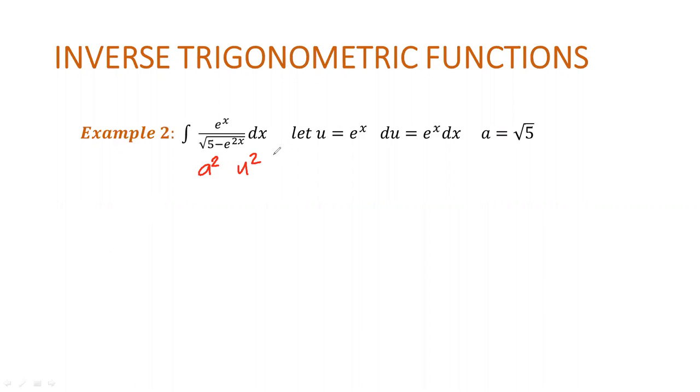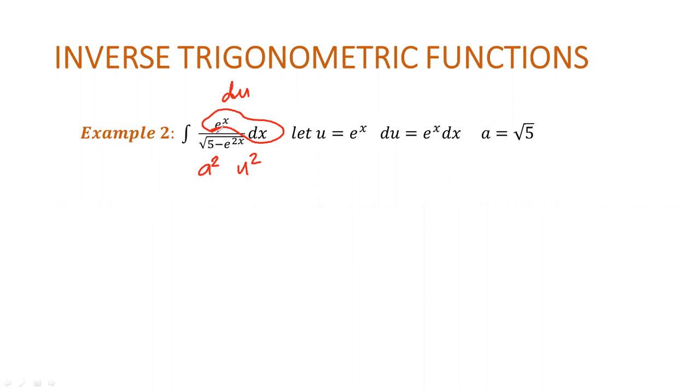Then if this is your u squared, your u is just e raised to x. If you differentiate that, that would be e raised to x dx. And it's here. It's complete because our formula dictates that this should be a squared minus u squared, du. So we didn't have any problem because the du is complete.